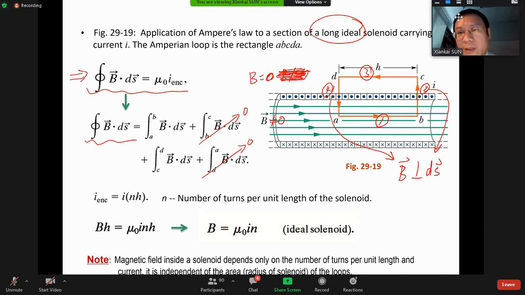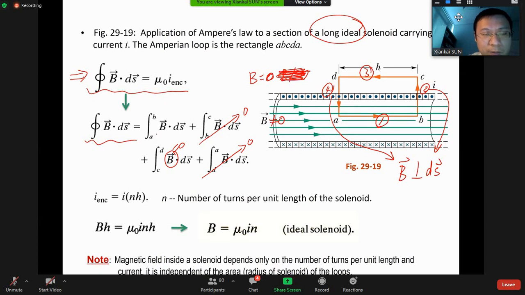And on part 3, C to D, because it's outside the solenoid, B is equal to 0. So then, this is simplified as this one.